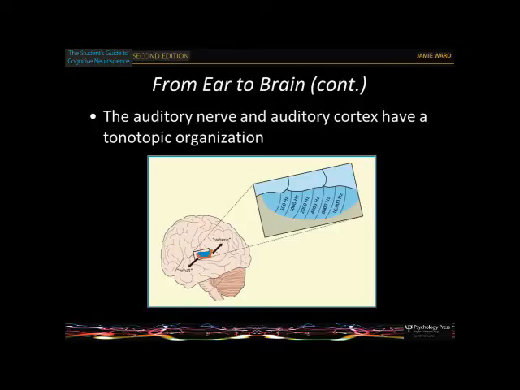So this would be 4,000 hertz, but it would partly depend on where it was coming from, the side of space and so on. So you have got some spatial information here, but essentially the thing that's represented is the pitch, or the frequency. So you could imagine this as having a keyboard-like representation.